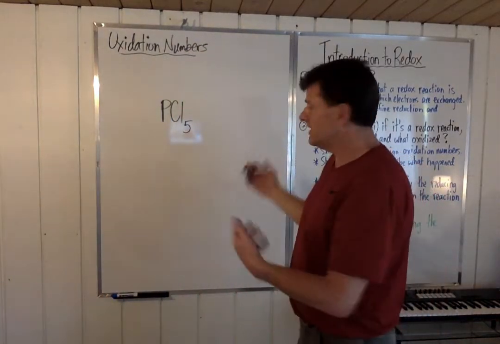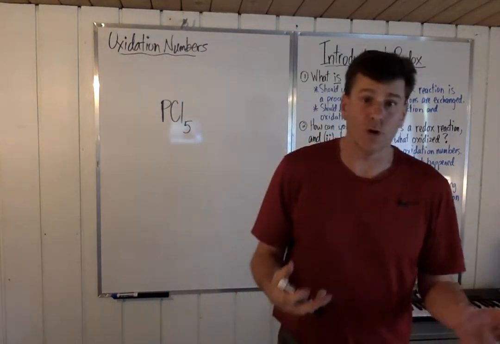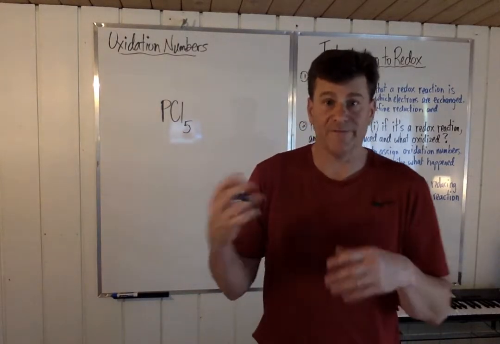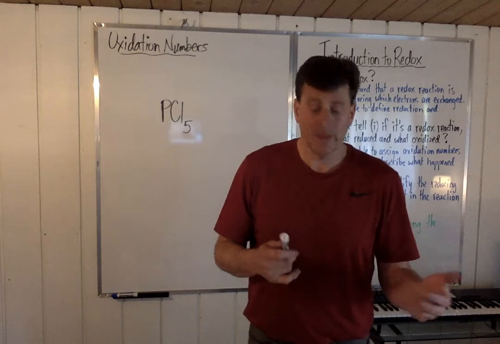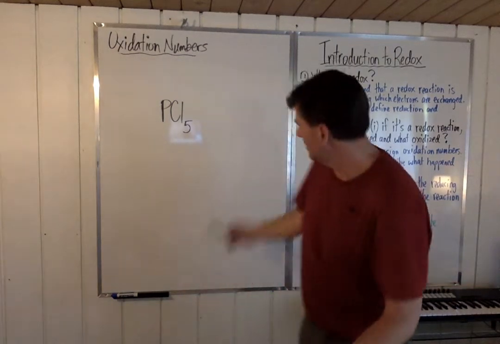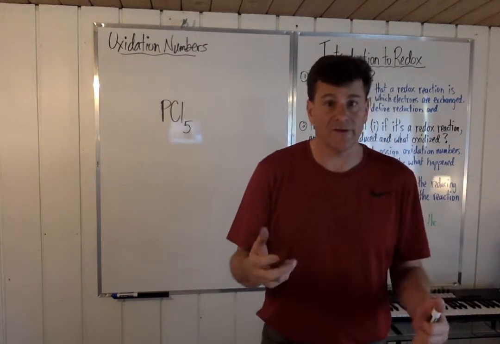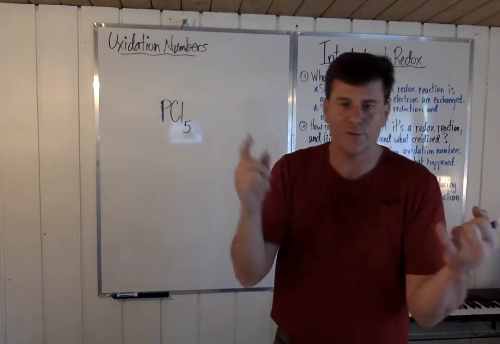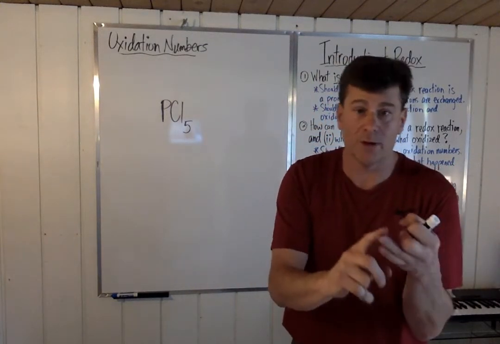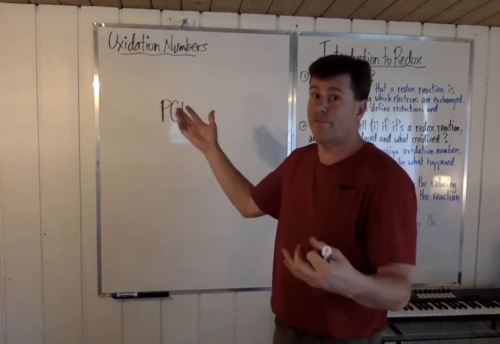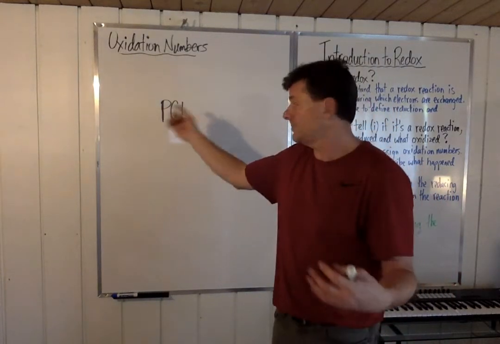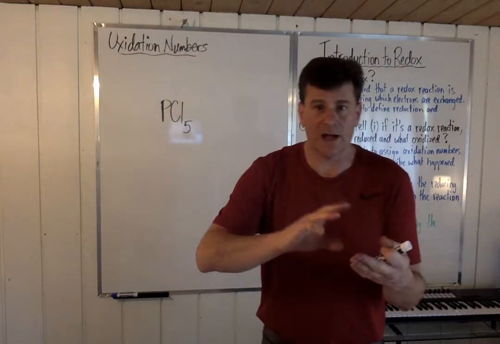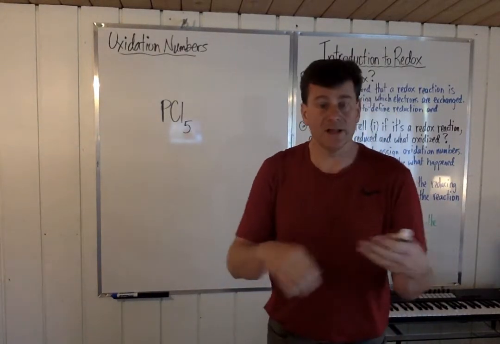So then you look at PCl5 and you say to yourself, okay, so what have I got in here? Which of those 2 takes priority, the phosphorus or the chlorine? And that's where you look on your list and you say, okay, so it's not elemental. I'm going through the whole thing. It's not elemental. We're not talking about monatomic ions because this is a covalent compound. Phosphorus is a nonmetal, so is chlorine. We don't have fluorine. We don't have an alkali.